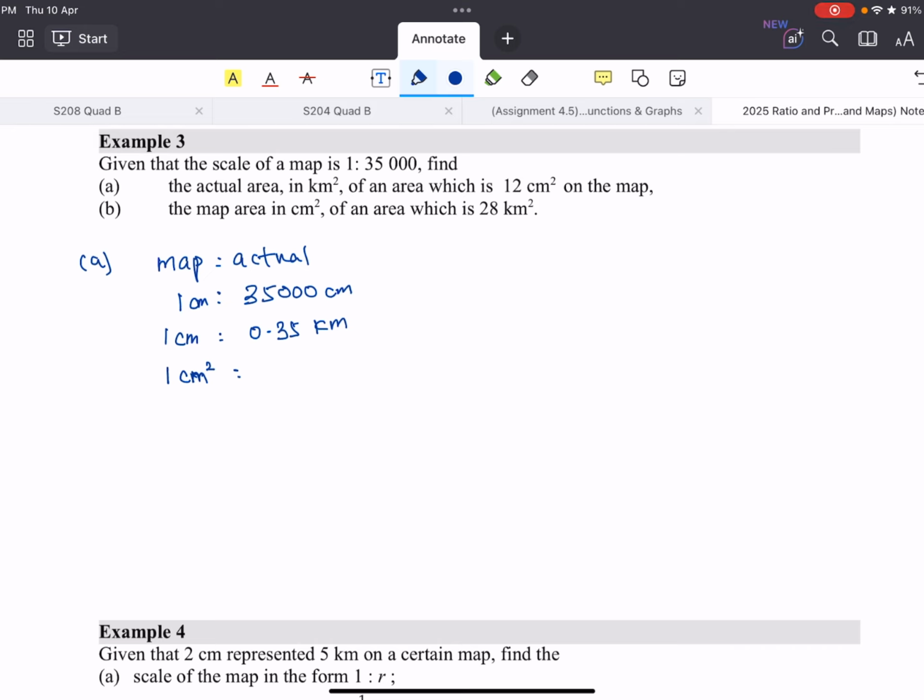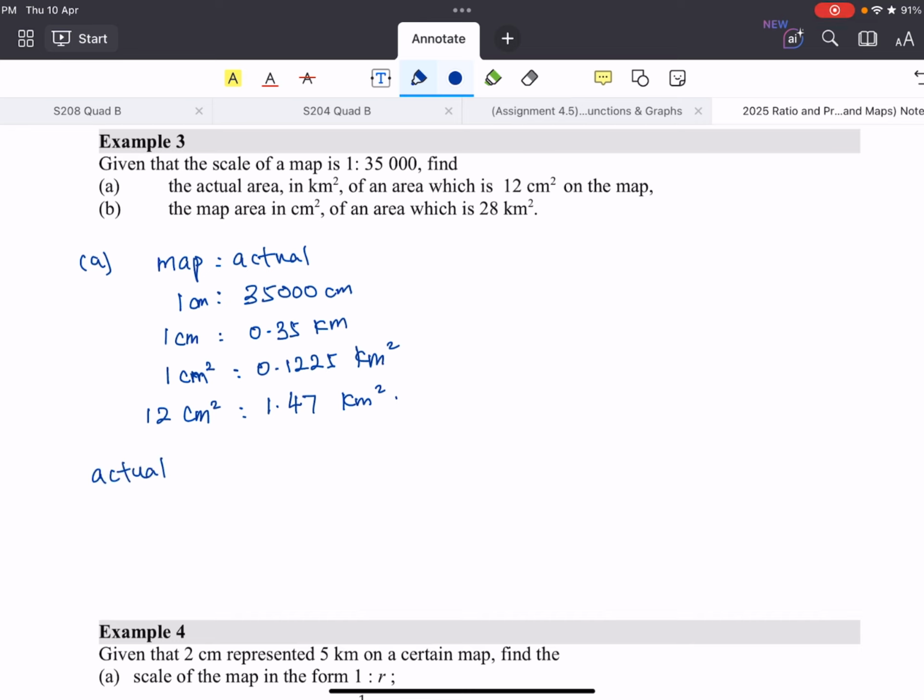And then we have 0.35 squared, which will give us 0.1225 square kilometer. So finally, I multiply by 12, which will give us 1.47 square kilometers, right?